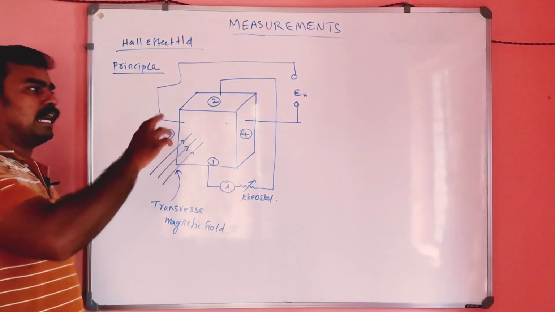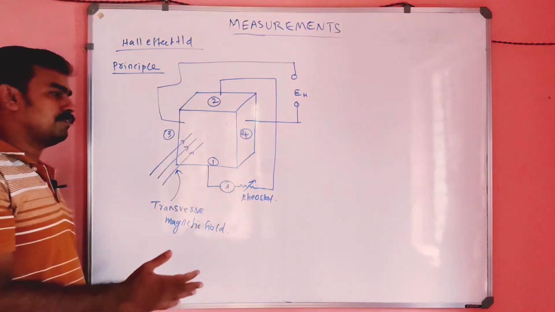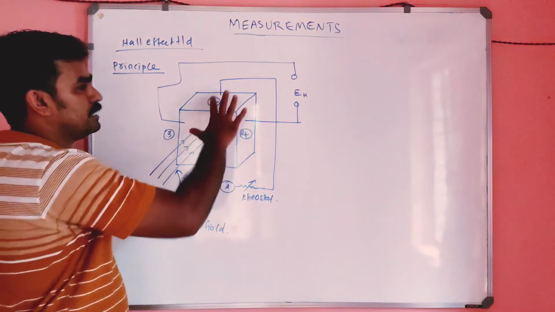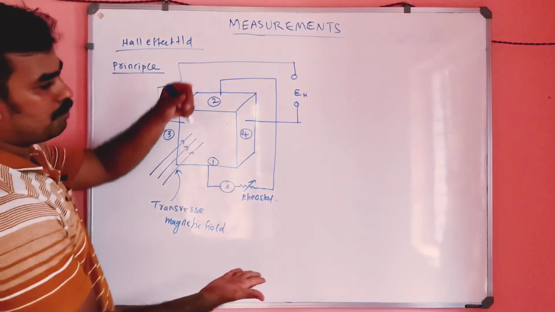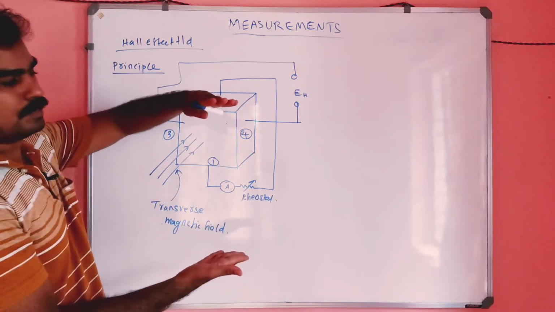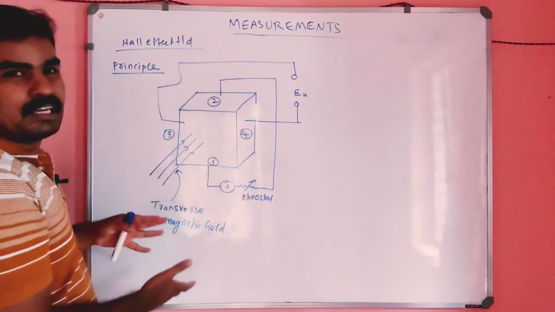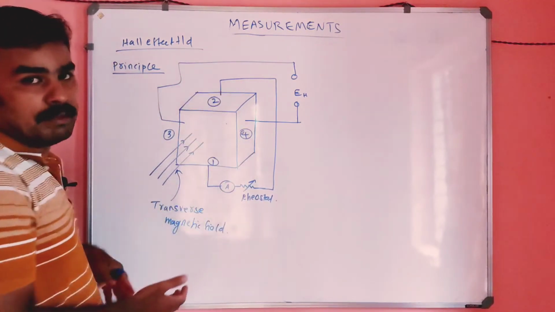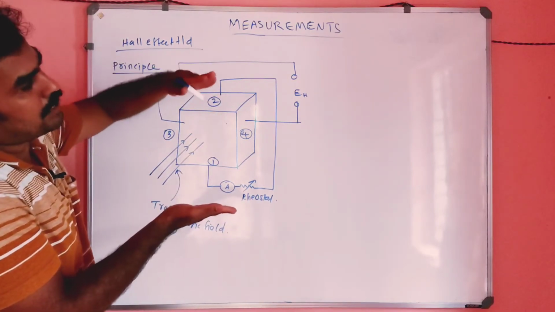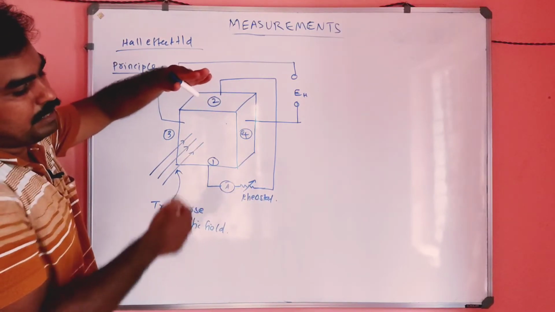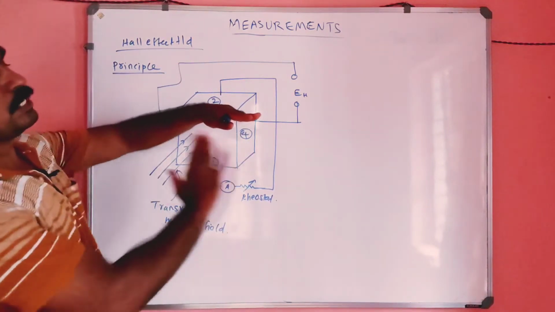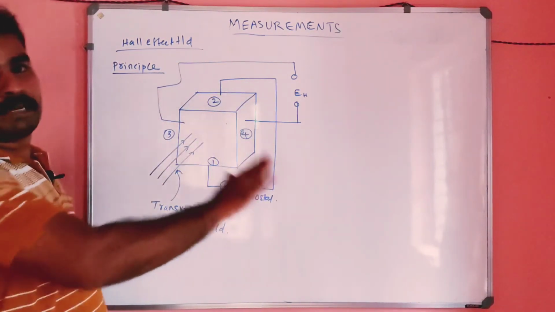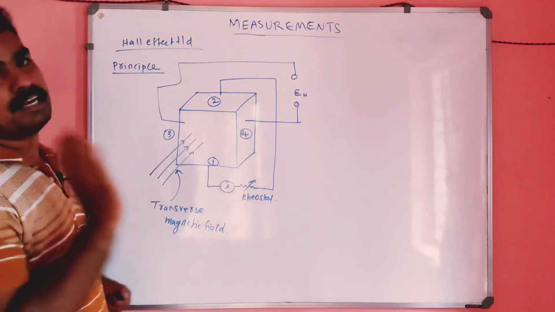Suppose this is the transducer, my dears. Imagine it is in cubical shape. So 1 and 2 mean the bottom and top of the transducer, in between that we send a current. And on the phase of the transducer, in the perpendicular direction, we send some magnetic field.